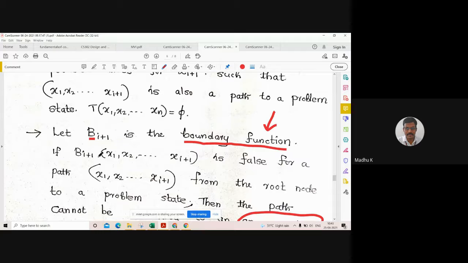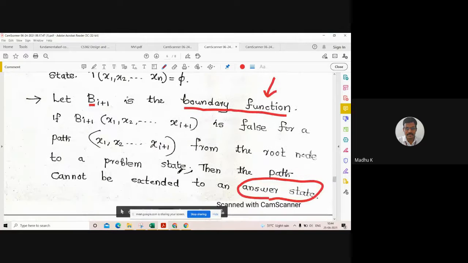Then if Bi plus 1 of x1, x2, etc., xi plus 1 is false for a path x1, x2, etc., xi plus 1 from the root node to a problem state, then the path cannot be extended to an answer state. You can observe this.